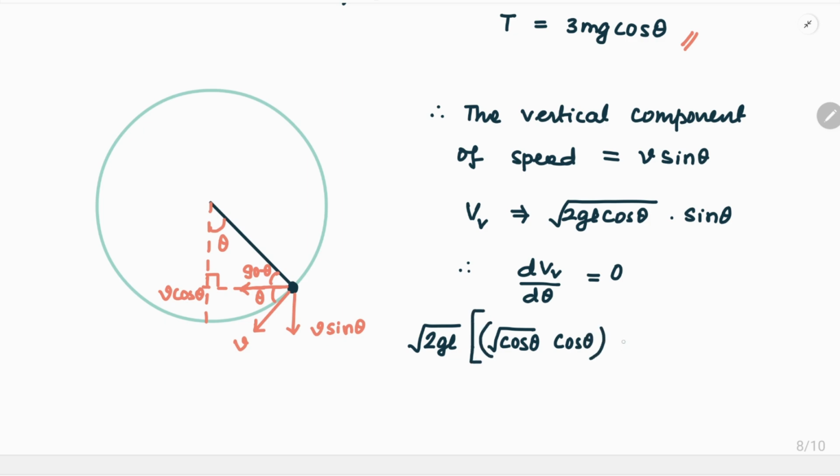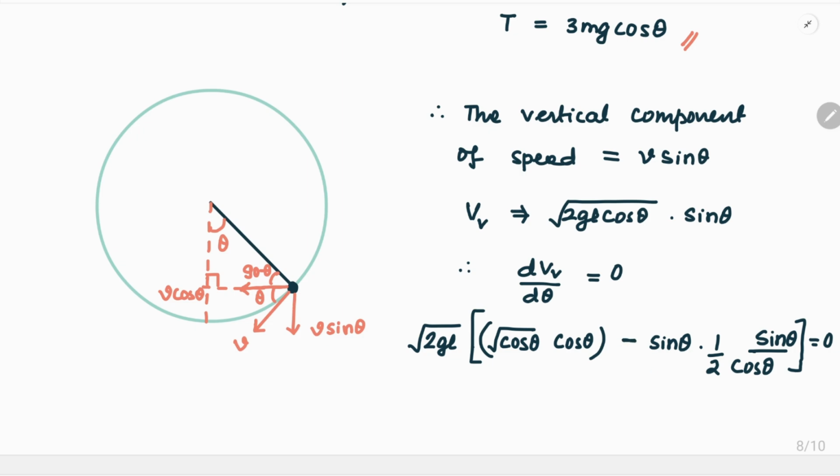Then if we keep sin theta constant and differentiate root cos theta, we get half by root cos theta, and the derivative of cos is minus sin theta, so there should be a minus sign.